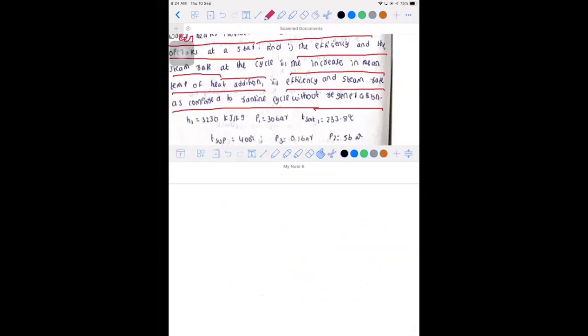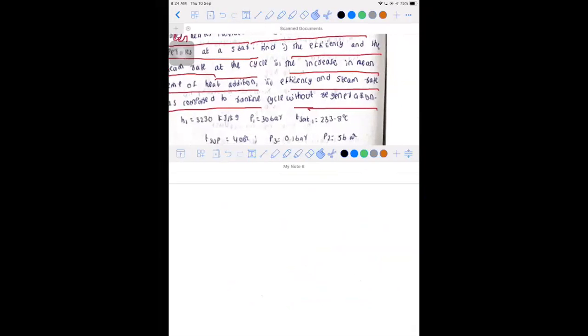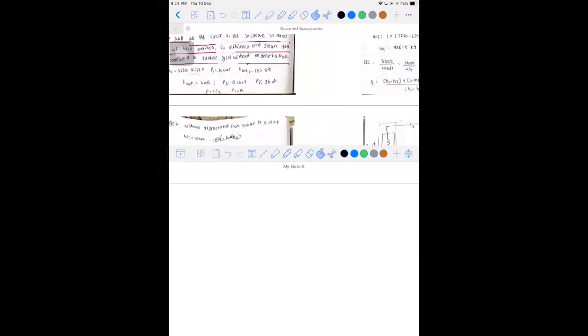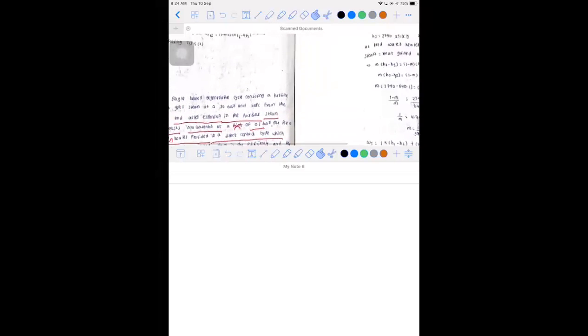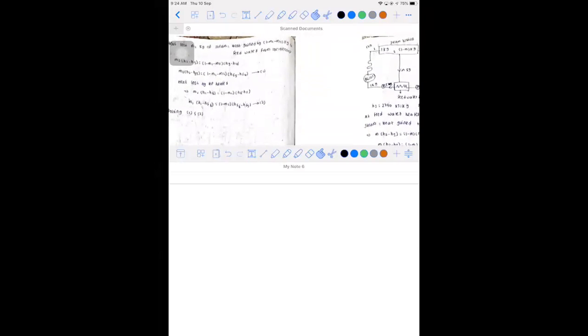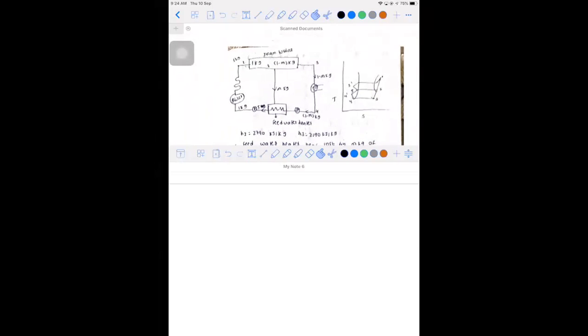Now, first of all, let us try to draw the figure with a single heater. So this is the figure we can have, and let us not worry about the various components yet.